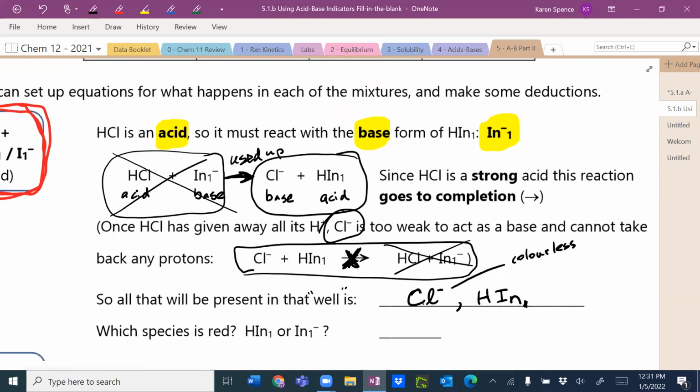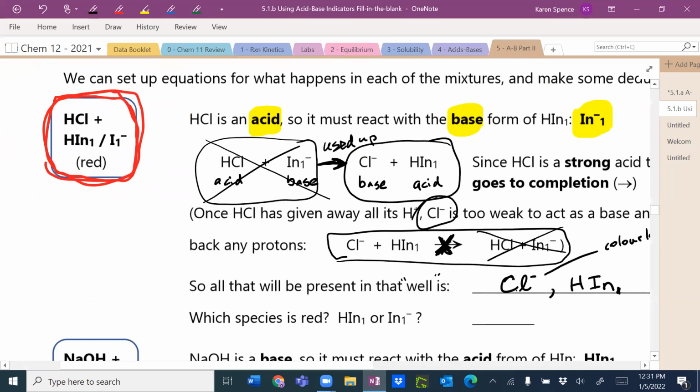When we go back and we look what happened, this turned our system red. So, huge, terribly difficult question here. What color is HIN1? It must be red. Yes. Okay, so this turned our indicator red.